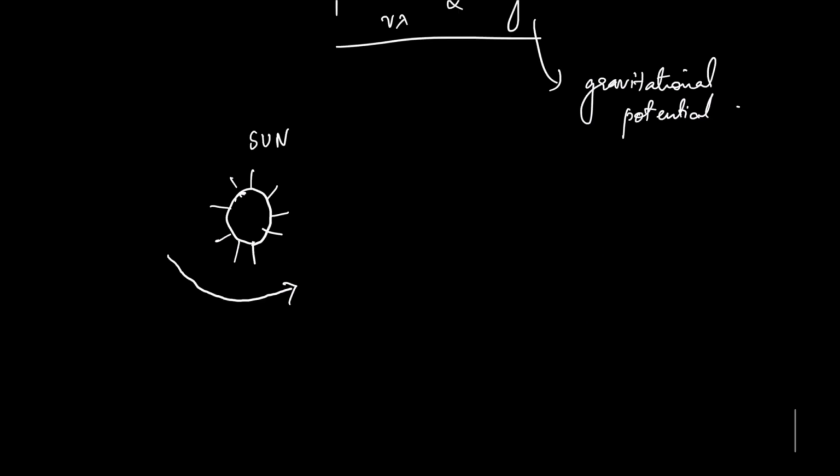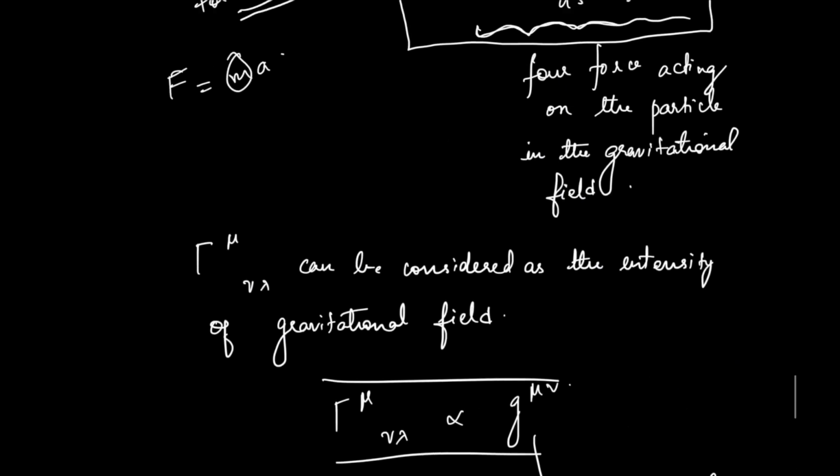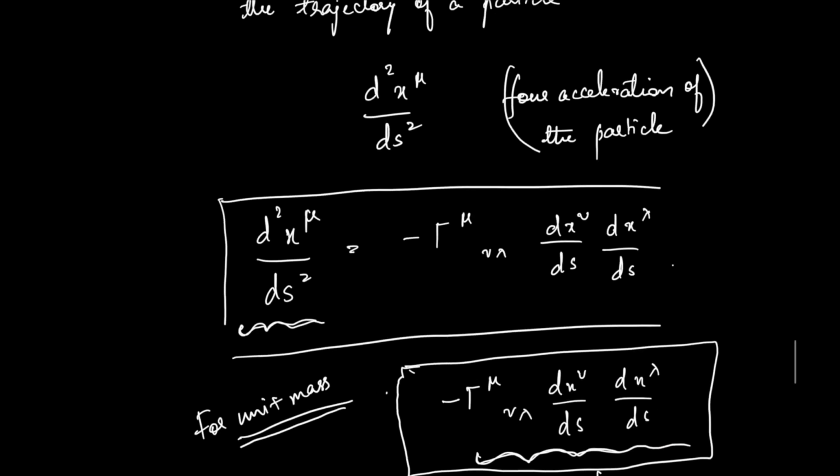Therefore, if g mu nu is the gravitational potential, then in the presence of gravity, the trajectory is given by the geodesic equation, right?